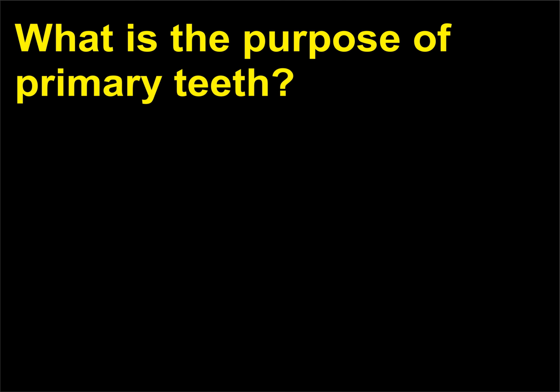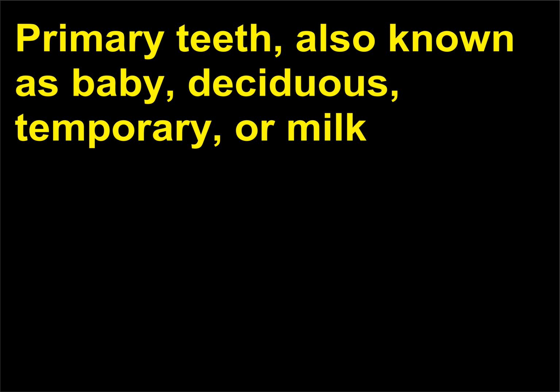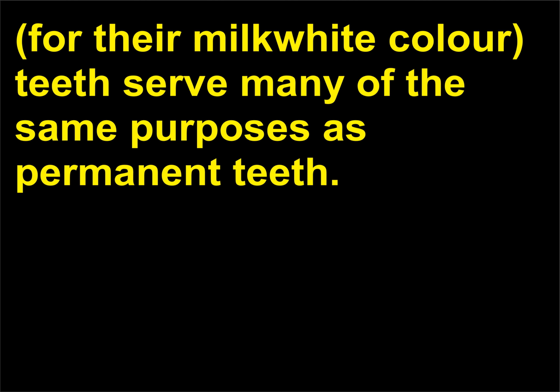What is the purpose of primary teeth? Primary teeth, also known as baby, deciduous, temporary, or milk teeth for their milk-white color, serve many of the same purposes as permanent teeth.